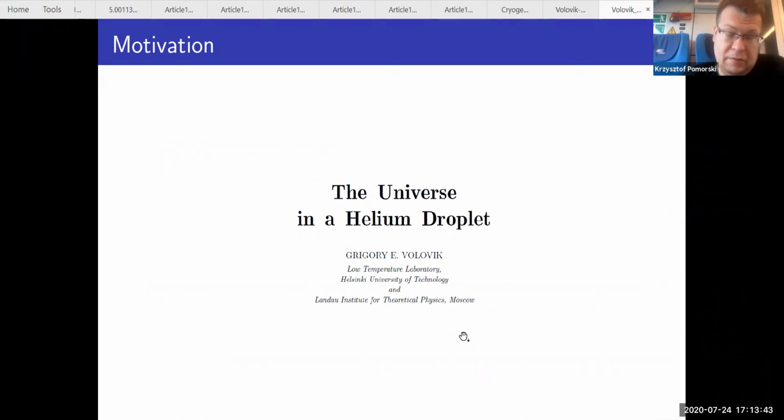So there's a short motivation, which is actually a very big motivation. The Universe in a Helium Droplet is a very advanced book. It is probably one of the most advanced books I have ever met. It basically interlinks condensed matter physics, elementary particle physics, and cosmology.